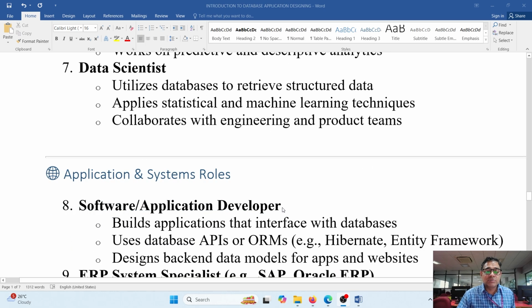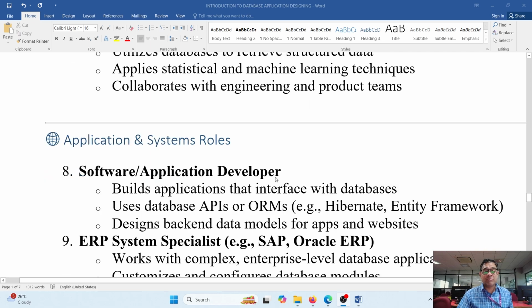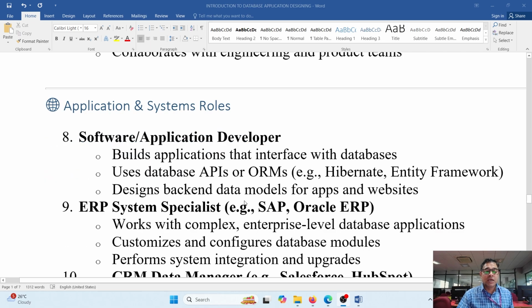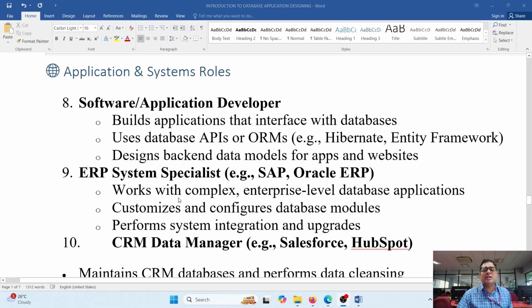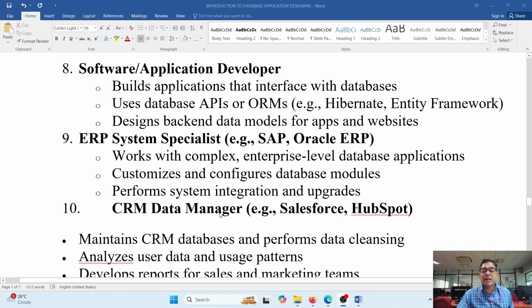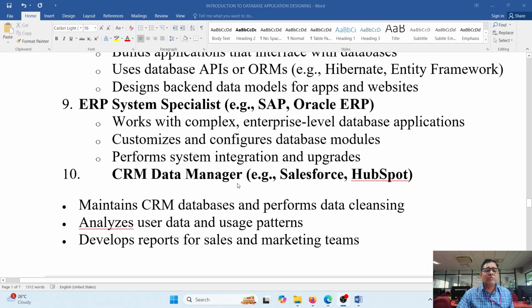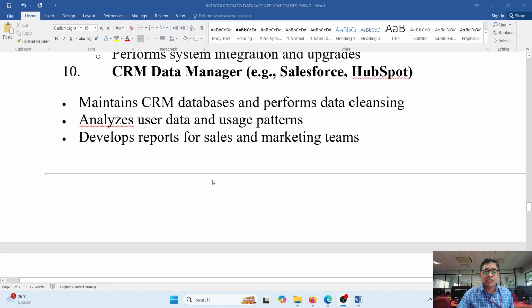And then application and system roles. You can become a software developer or application developer. You can be an ERP systems specialist, like SAP and Oracle ERP. Whatever the ERPs are there, you can become part of developing those ERPs. You can also become a CRM data manager, like Salesforce and HubSpot. They mainly deal with the data.